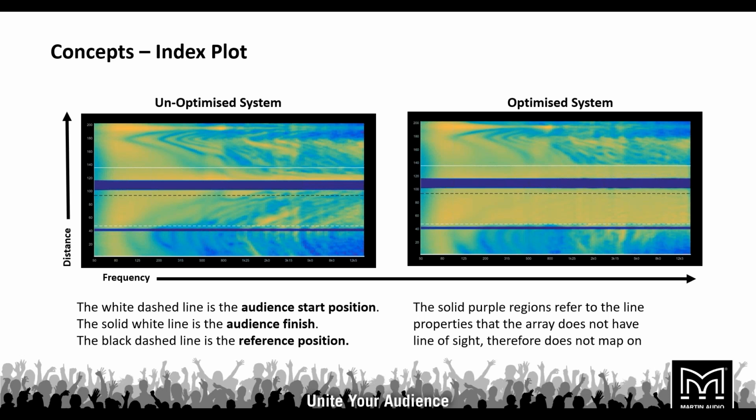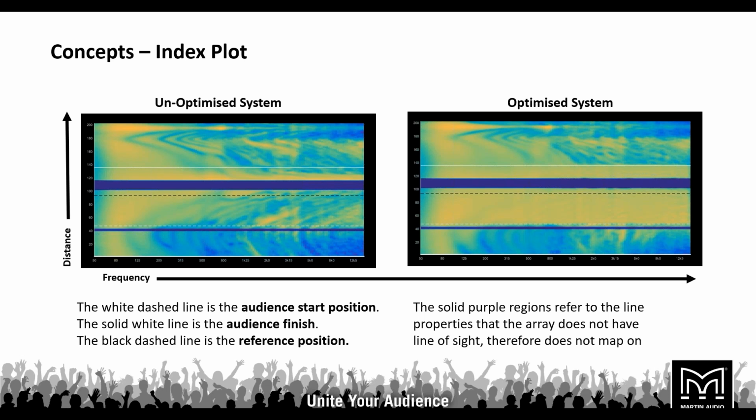So what we're looking at on the left and on the right is the index plot for the same venue, unoptimized or optimized. And as we move further to the top, we are moving farther in distance. We will see in a second.